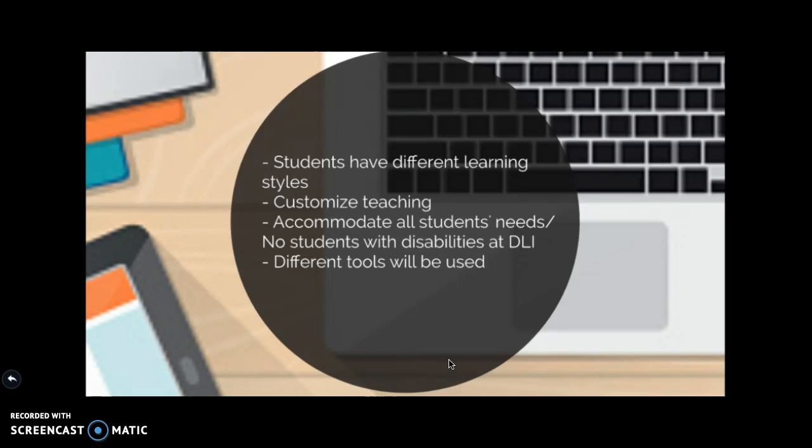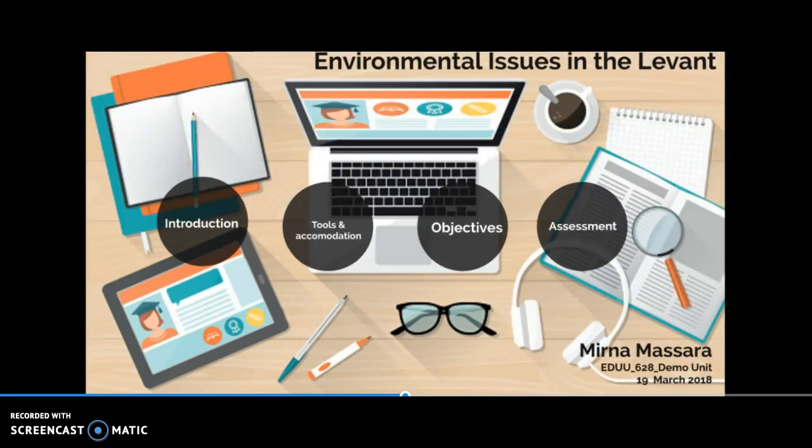Reading, listening passages, and video segments will be provided to accommodate visual auditory students, in addition to different activities and role plays to accommodate tactile and kinesthetic students. Different types of assessments will be used, such as formal and informal, peers reflection, and formative and summative assessments.